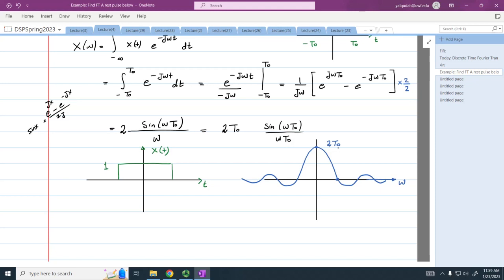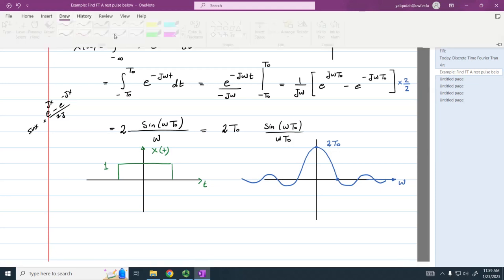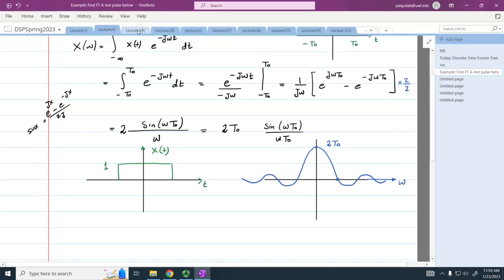Where is this frequency? How do I find this frequency? Well, we want this argument to be equal to pi, isn't it? We want omega t0 to equal pi.